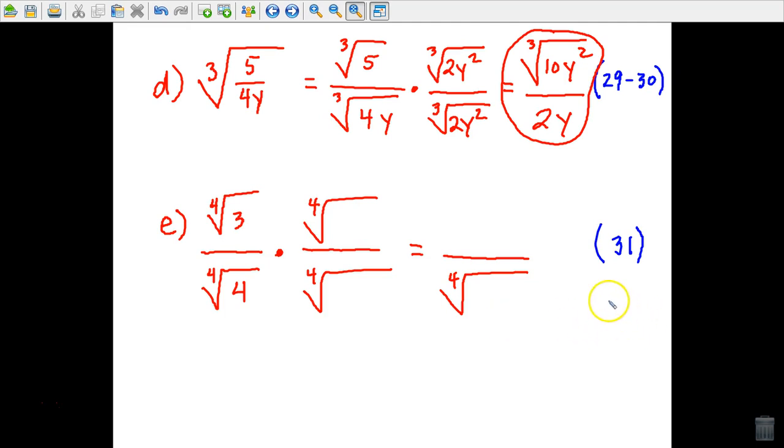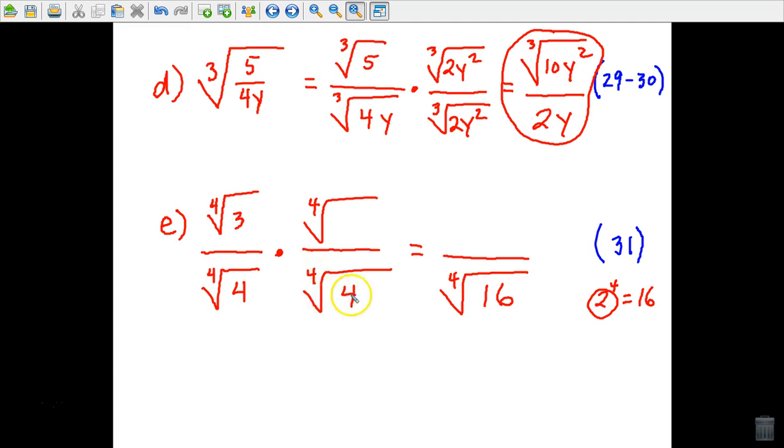So let's think about the numbers that have fourth roots. 2 to the fourth is 16. So I'm going to multiply the fourth root of 4 times the fourth root of 4. The result is the fourth root of 16, which has a perfect fourth root. We just found it. It's 2.